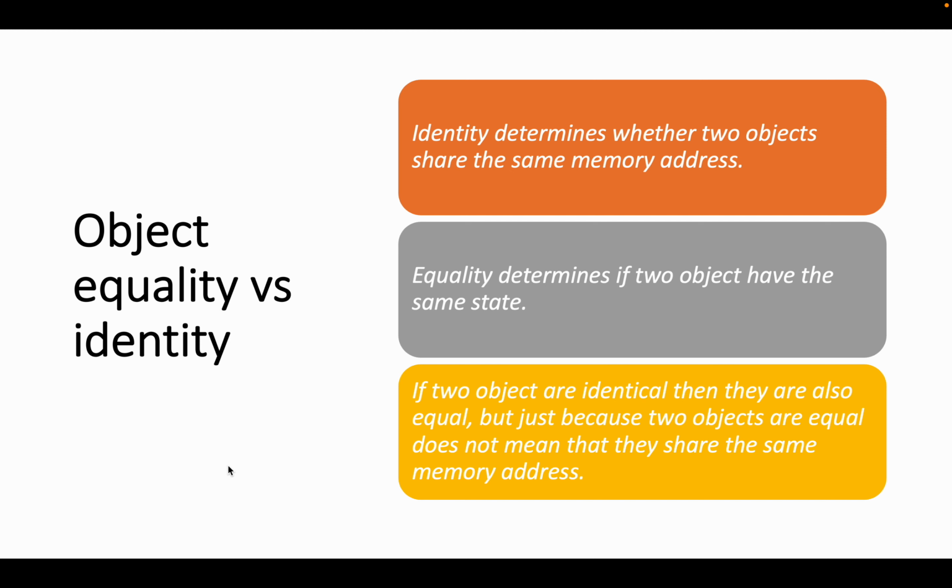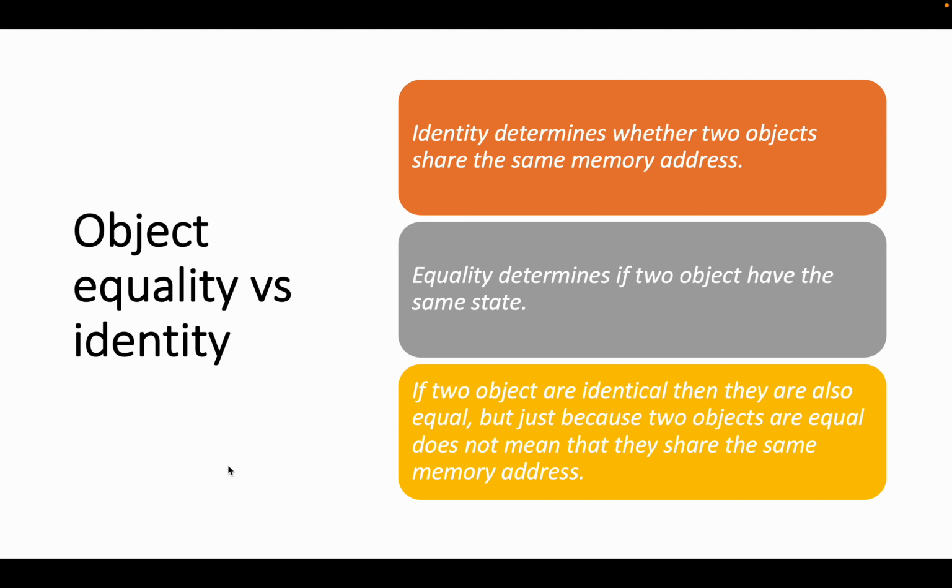Then we have what we call object equality versus object identity. Identity determines whether two objects share the same memory address. That is, are they pointing to the same object in the heap? Equality determines if two objects have the same state.